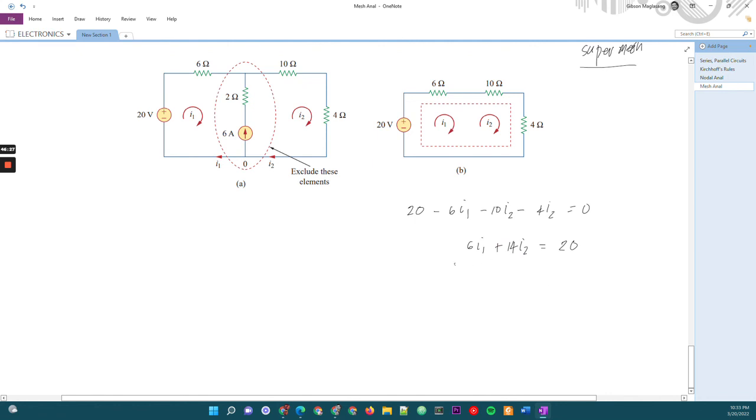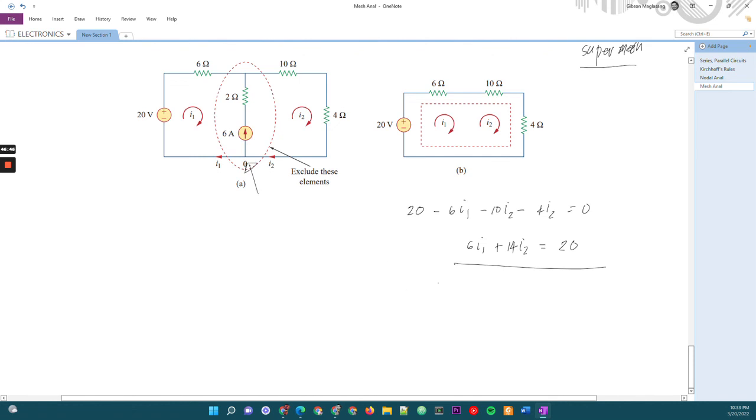Okay? Since duha imong unknown, dapat duha imong equation. Okay? So we will get the another equation from this junction. Okay? Apply tag KCL diha sa junction ni 0.